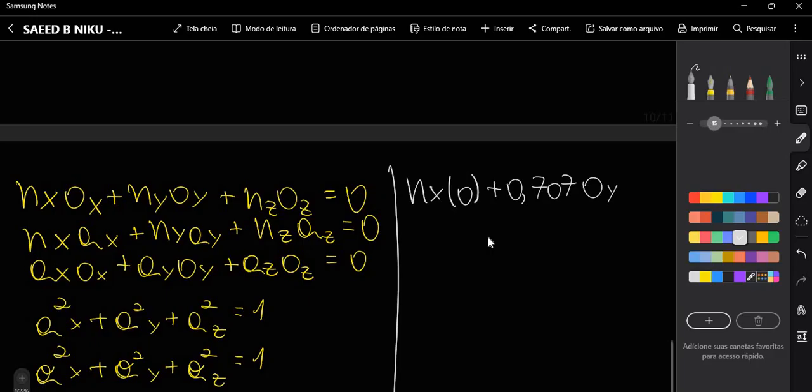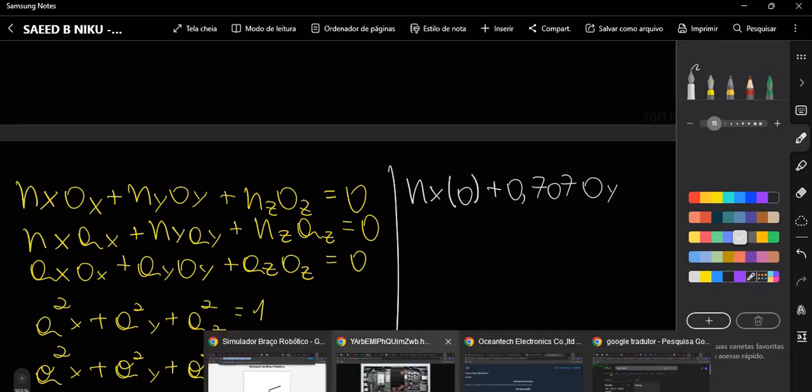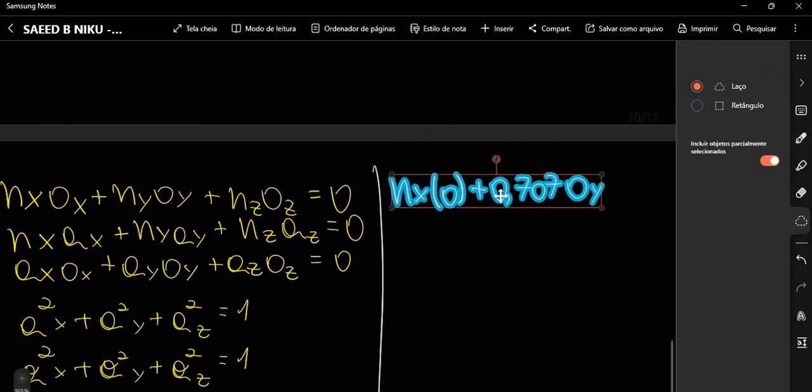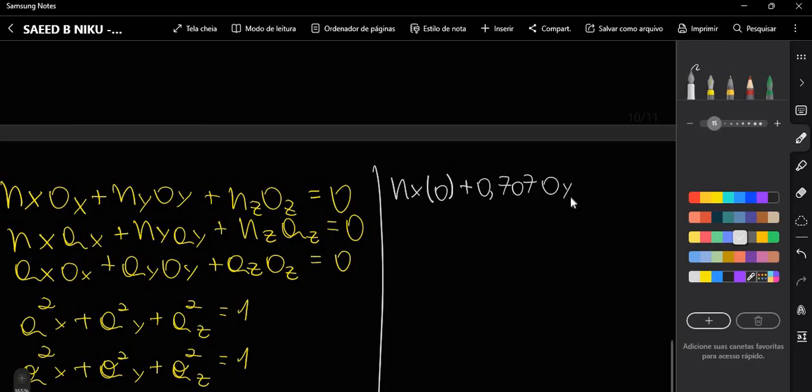Times Oy, and Nz times Oz, which is equal to 0.